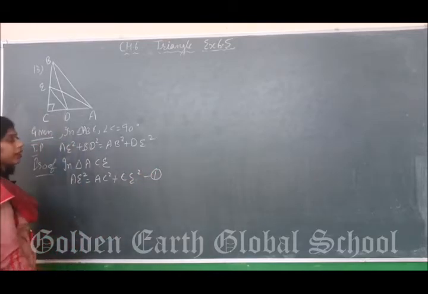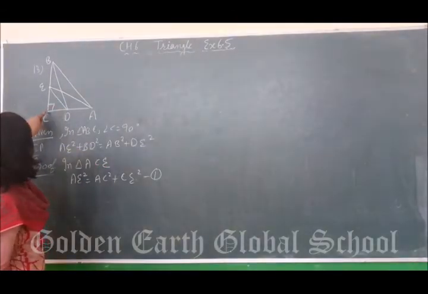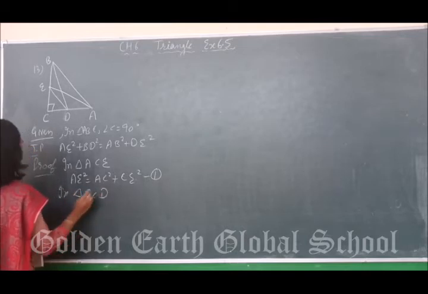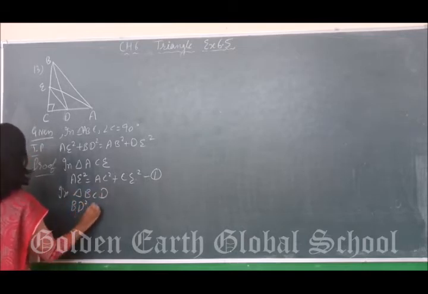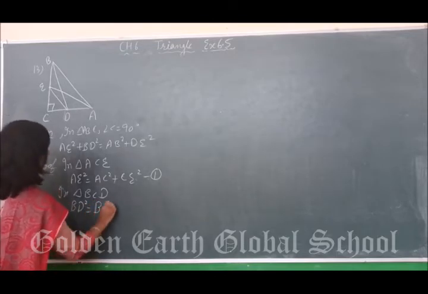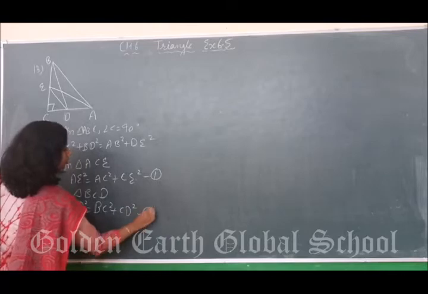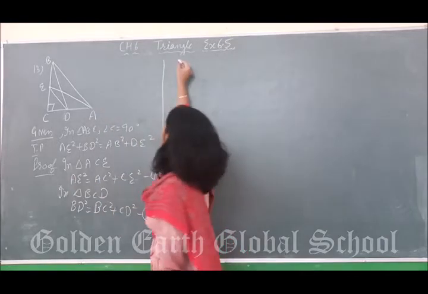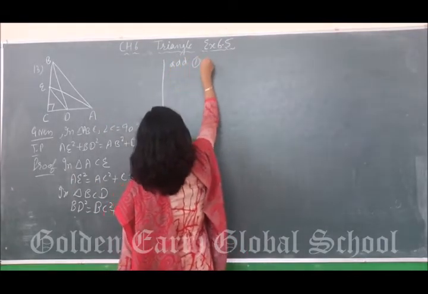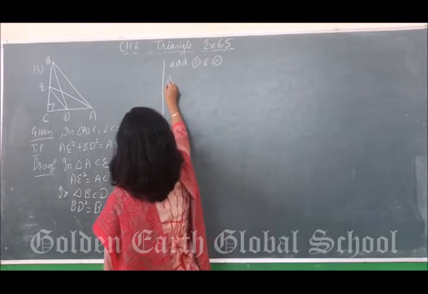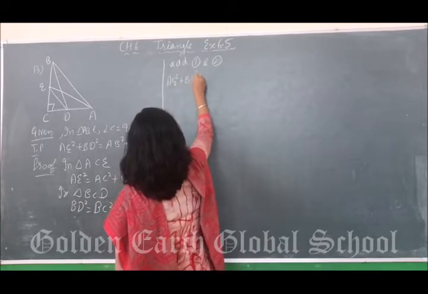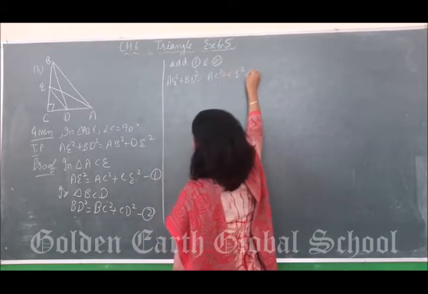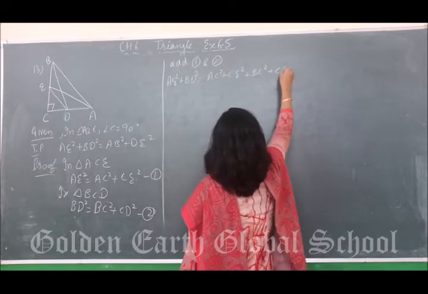Similarly, we will consider that triangle in which side is BD. So we will consider BCD. In triangle BCD, BD square is equals to BC square plus CD square. Now, according to the proof, we need the addition of these, so we will add first and second. Left hand side will become AE square plus BD square. Right hand side AC square plus CE square plus BC square plus CD square.